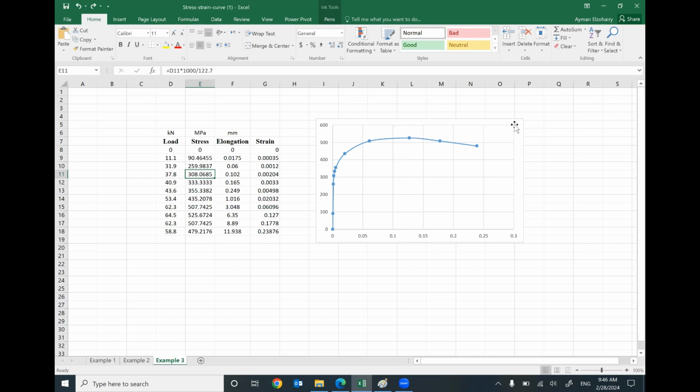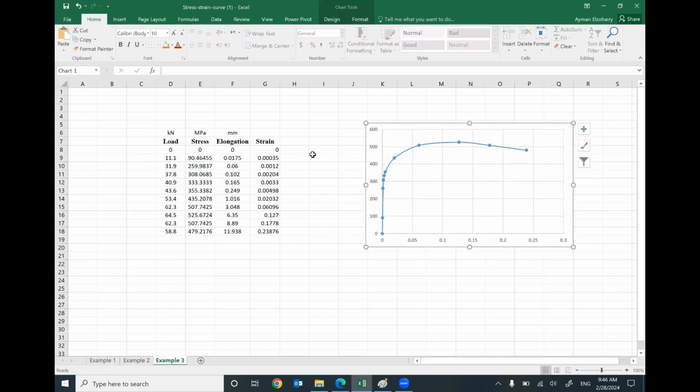I will sit here, not at the first one, but at the second one, and I will say equal. I will open brackets, this stress value, the first one, plus this stress value, the second one, divided by 2.